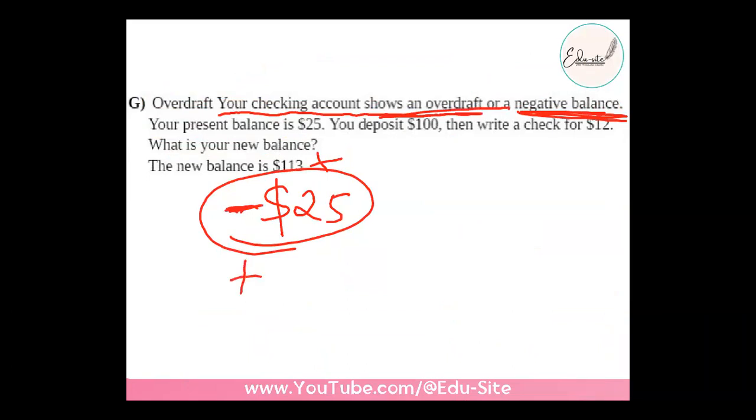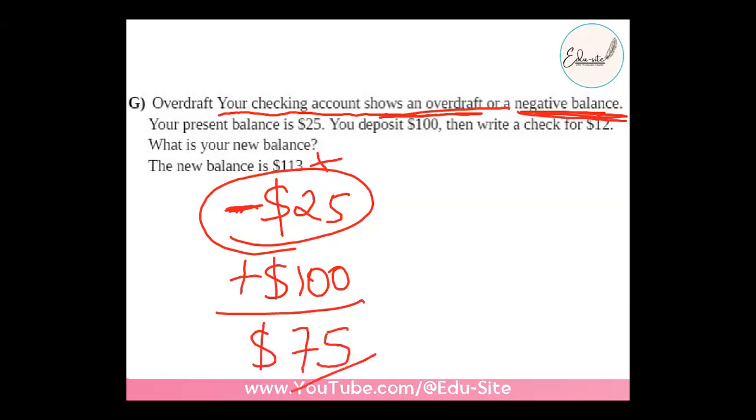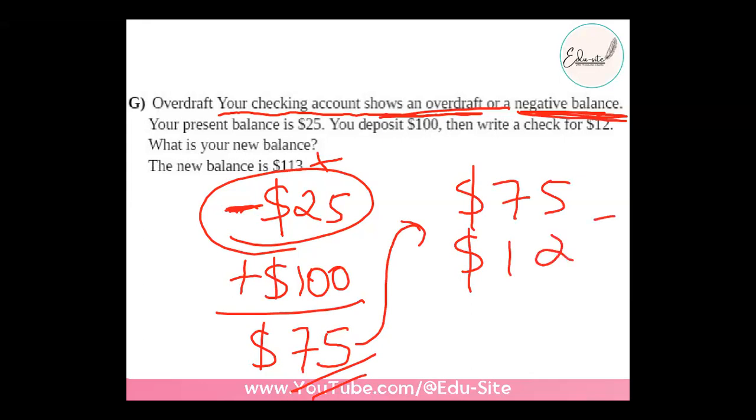Then you deposit $100 to this. Then what is actually in your account is $75. Now you write a check, so you reduce $12 from 75. So it becomes $63.